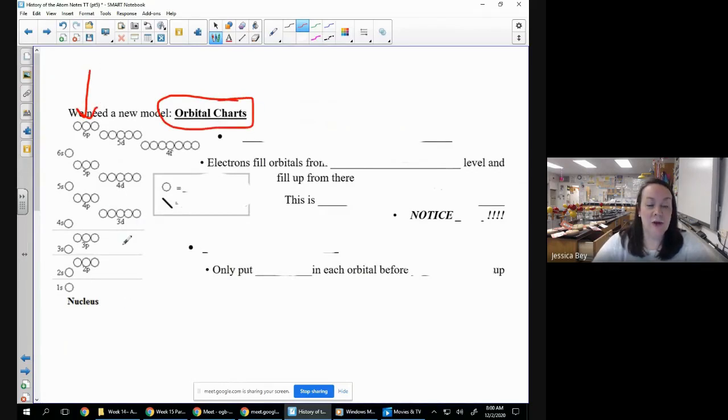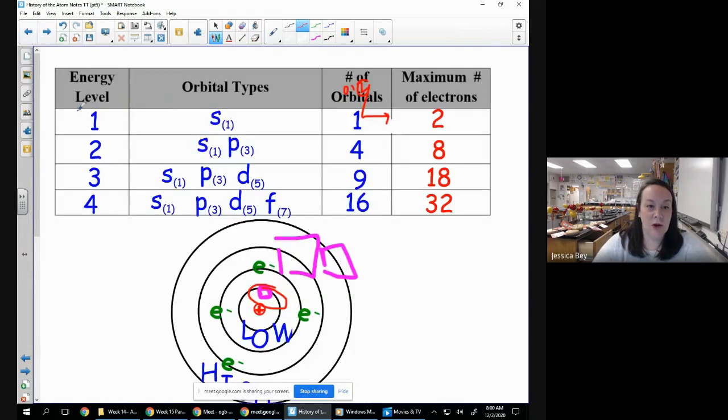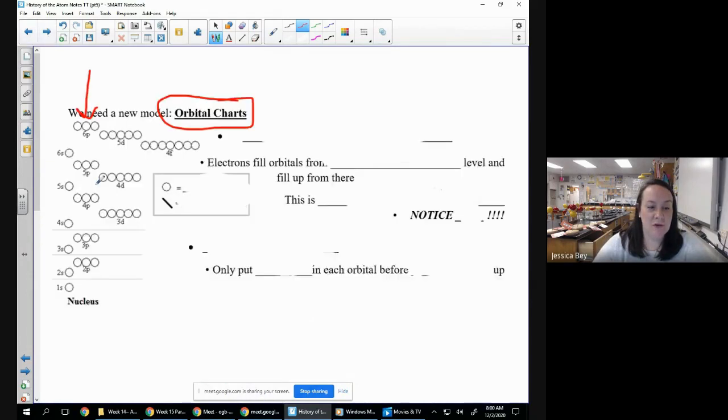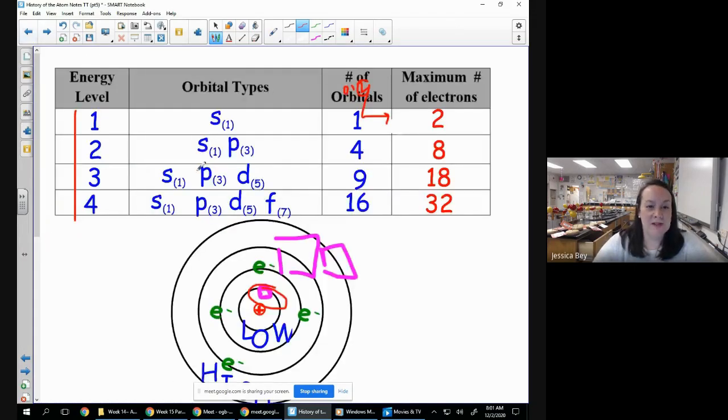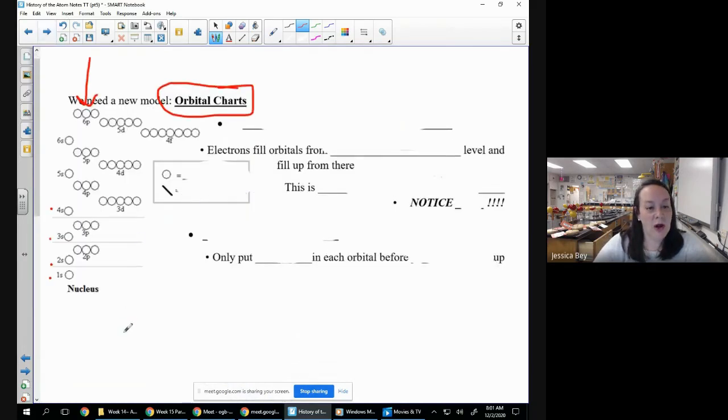You can see the little bubbles, and you want to look here, we have 1, 2, 3, 4 energy levels. Level 1 just has an S, level 2 has S and P, then SPD, SPDF, so it's all written here. The nucleus is down at the bottom, closest to the energy level 1.